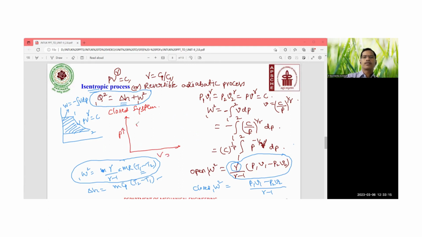The system changes from state 1 to state 2, and it is PV to the power of gamma is equal to constant. This is the area in an isentropic or reversible adiabatic process. So this W is equal to the integral of PdV, right? This is how the relations are there for the closed system and also for the open system.